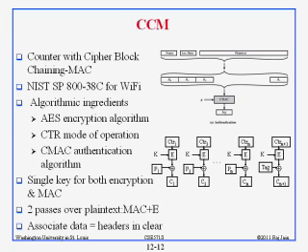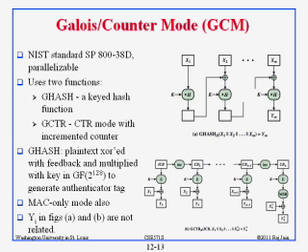CCM, as you can see, creates a hash and then puts it into a counter mode encryption, and GCM uses a hash which is based upon Galois field and puts basically in parallel, so it doesn't really put it in one to the other.